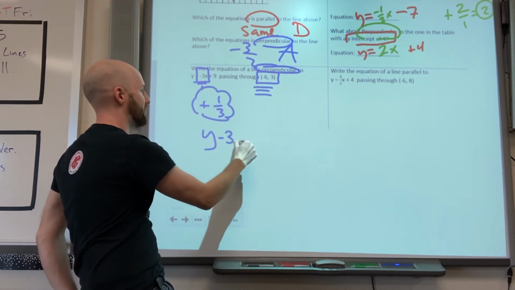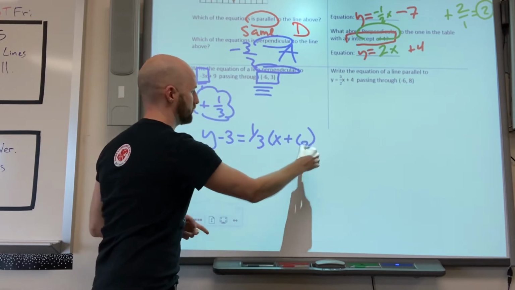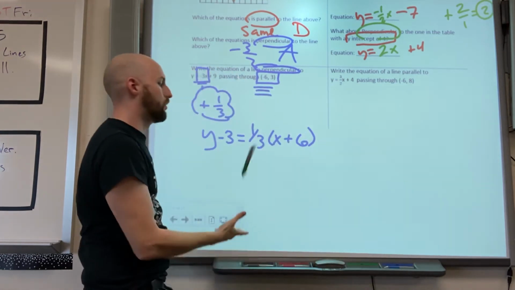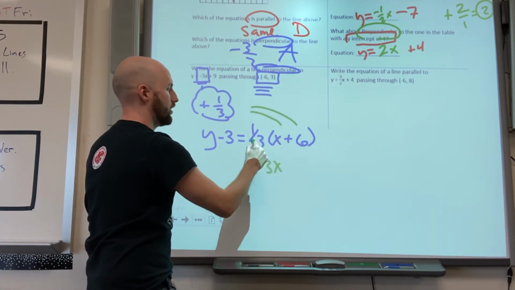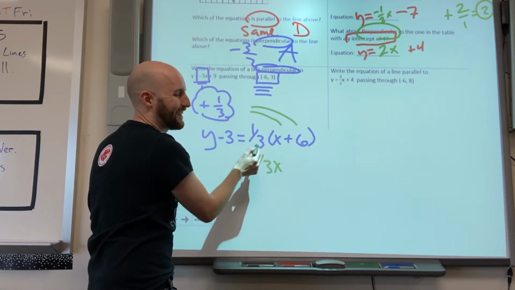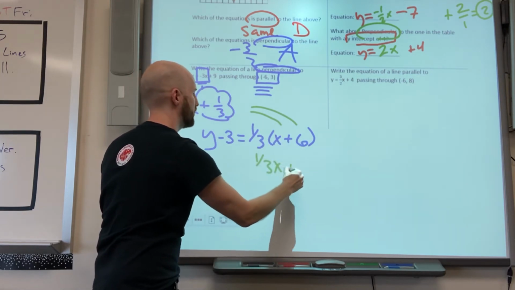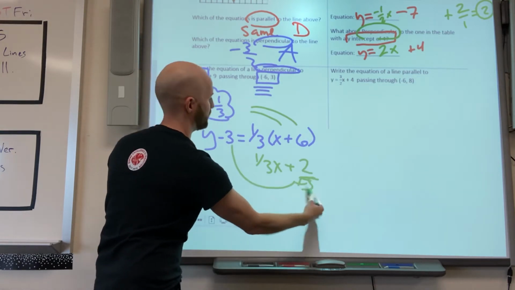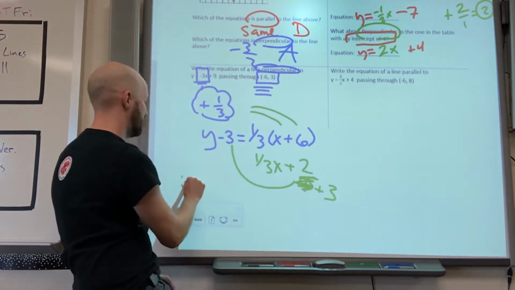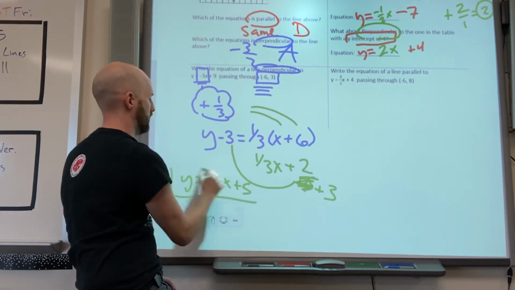Y opposite equals slope x opposite. You want to solve it? 1/3 x. Eso básicamente quiere decir entre 3. This is like saying divide by 3. 1/3 de 3 is 1. Plus 3 is 1/3 x plus 5.